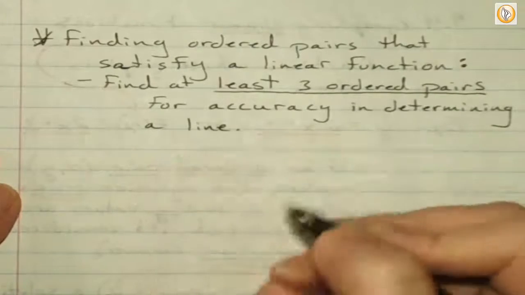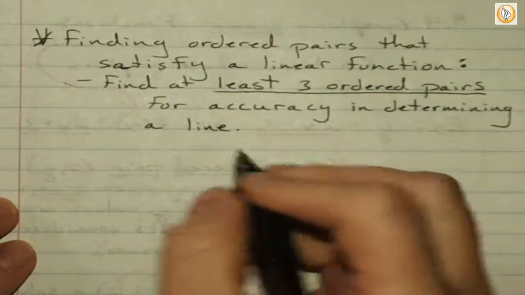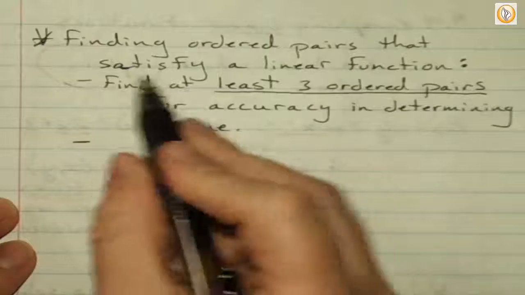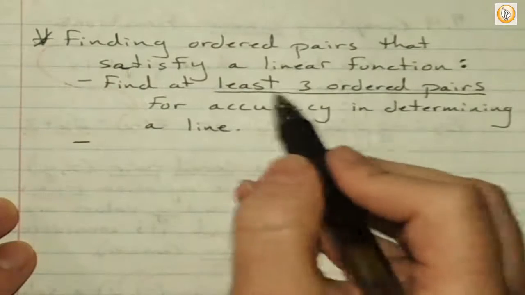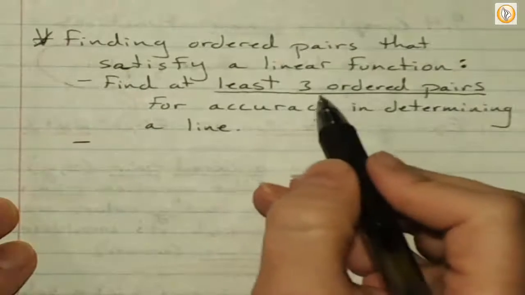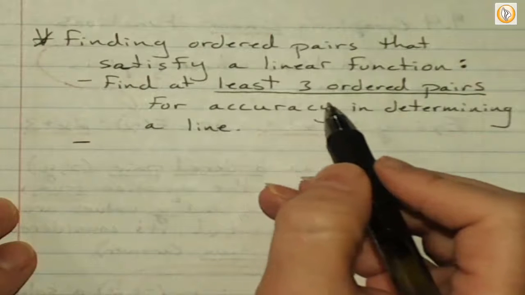And I'll give you examples on that in just a minute. And the next thing to do when finding ordered pairs that satisfy a linear function, so you have to find at least 3 ordered pairs. You can find more, but you need to find at least 3.